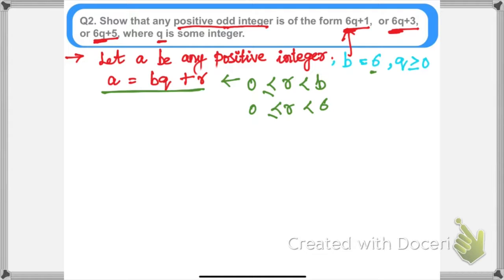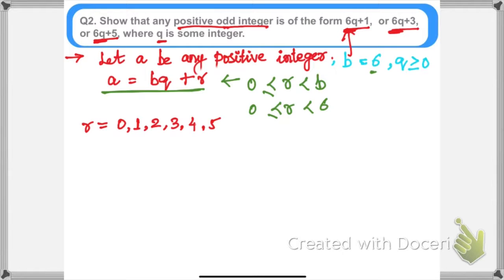So what are all the possible values for r? The values of r can be 0, 1, 2, 3, 4, 5 and 6. Sorry, it cannot be 6 because it should be less than 6, so it's 5 only. So the possible values of r are 0, 1, 2, 3, 4, 5.